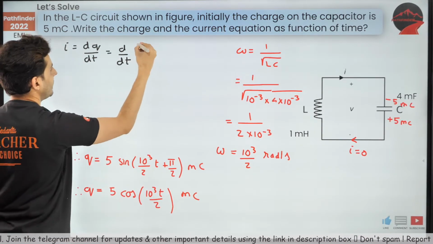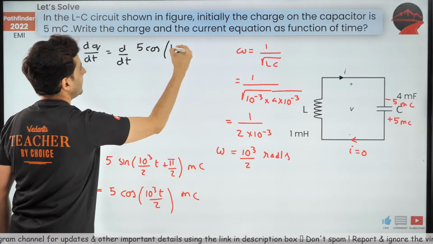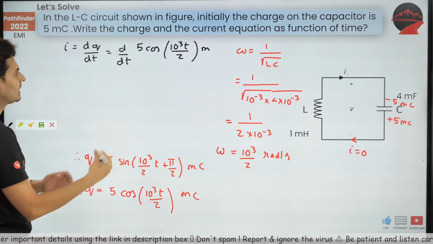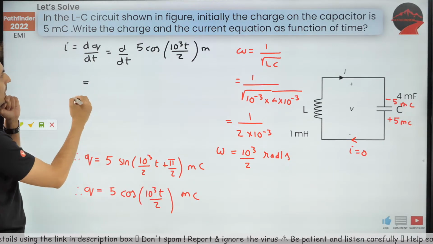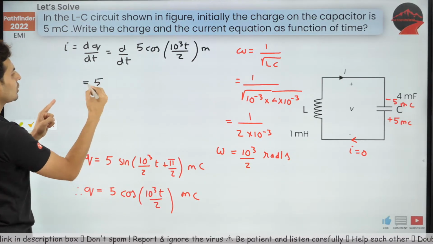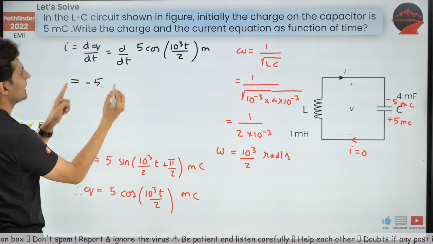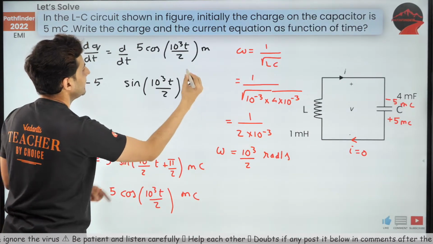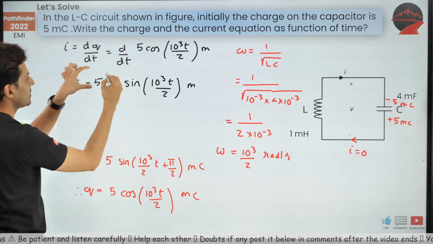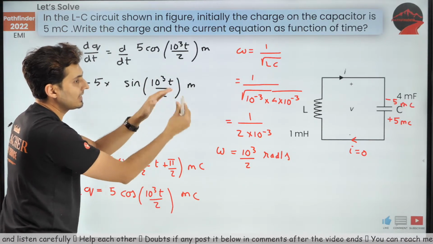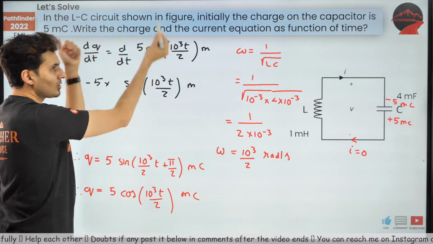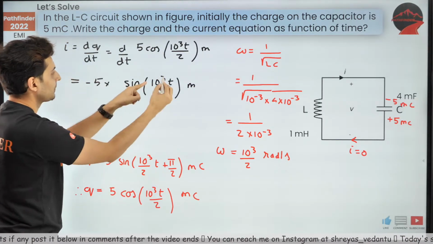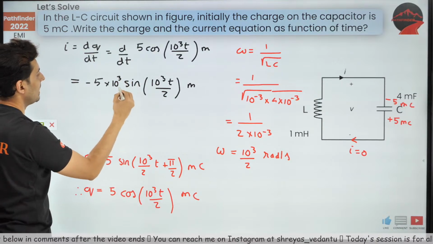So that is 5 cos of 10 to the power 3 t by 2, in millicoulomb. The derivative of 5 cos will be minus sine, so minus sine of 10 to the power 3 t by 2 milli, and this number should come outside, because sine kx's derivative will be cos kx with the k outside, and cos kx's derivative will be minus sine kx with that k outside. So this constant should be outside, into 10 to the power 3 by 2.